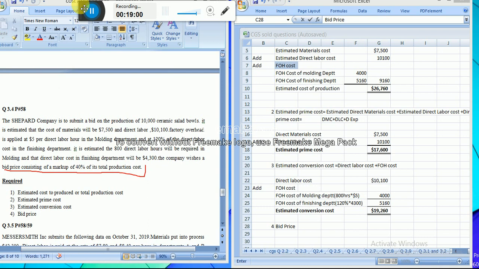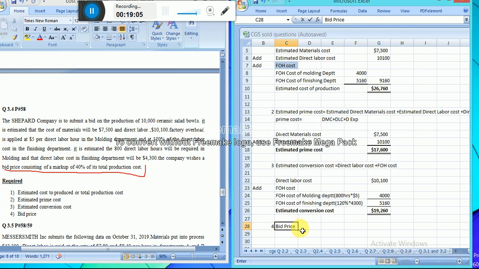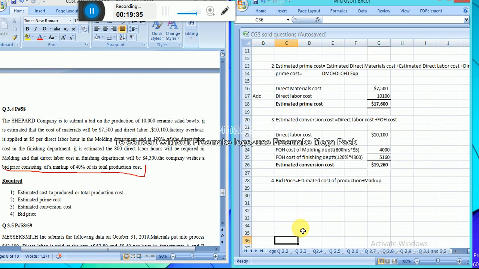So bid price is equal to estimated cost of production plus markup. This is the simple formula to calculate the bid price.